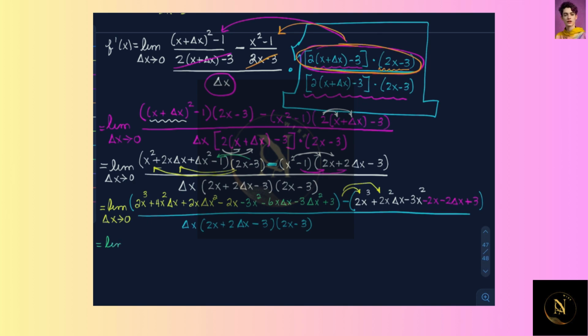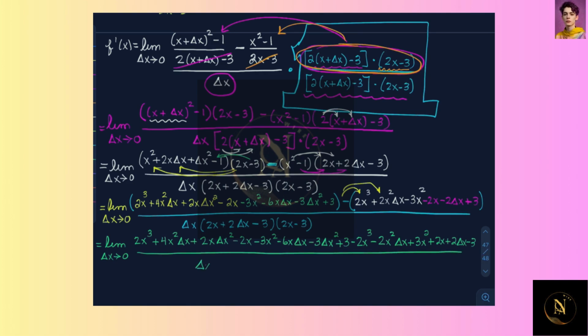So we will have the limit as delta x is approaching 0 of 2x cubed plus 4x squared delta x plus 2x delta x squared minus 2x minus 3x squared minus 6x delta x minus 3 delta x squared plus 3 minus 2x cubed minus 2x squared delta x plus 3x squared plus 2x plus 2 delta x minus 3 all over delta x times 2x plus 2 delta x minus 3 times the quantity of 2x minus 3.